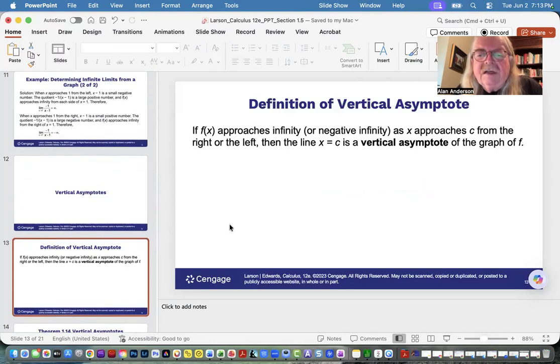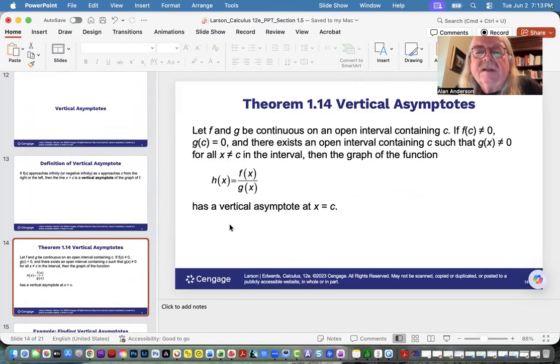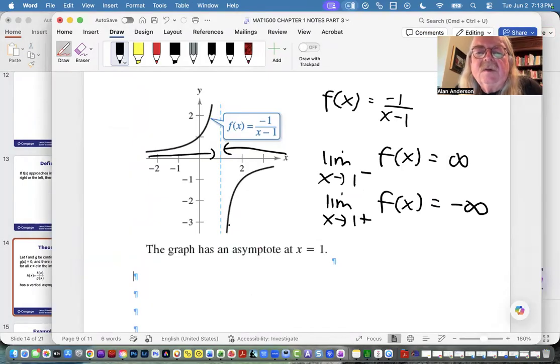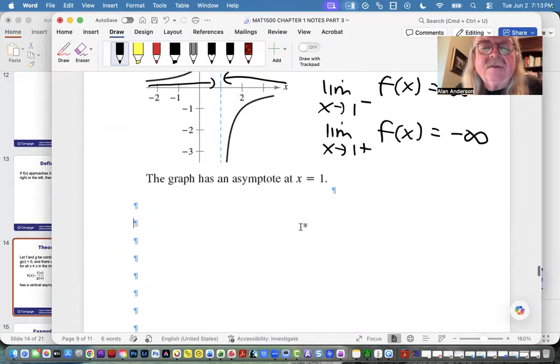Vertical asymptotes. Now, we've kind of talked about this, but now they're going to formally introduce and define what we mean by a vertical asymptote. If f of x approaches either positive or negative infinity, as x approaches c from the right or the left, then that implies that x equals c is a vertical asymptote on the graph. So in other words, how do you know that it's an asymptote?